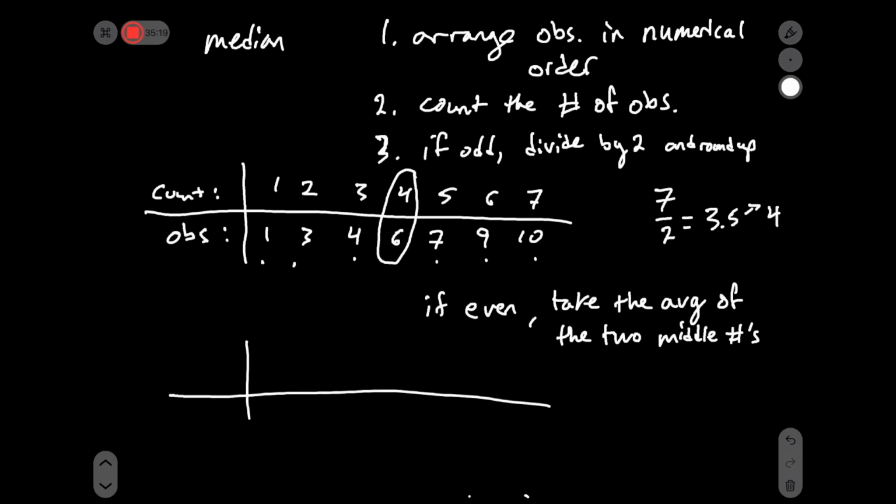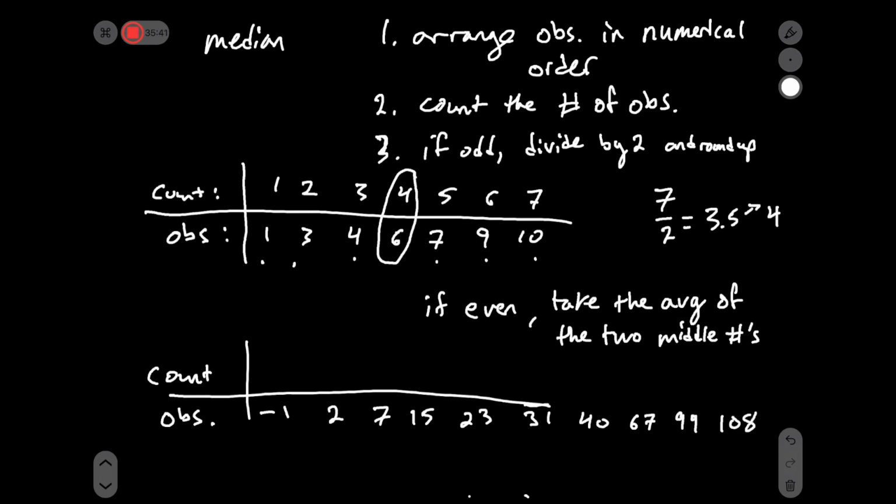Say this is our count and our observations. And in the observations, let's say we've got -1, 2, 7, 15, 23, 31, 40, 67, 99, and 108.